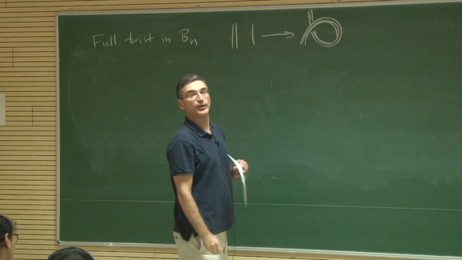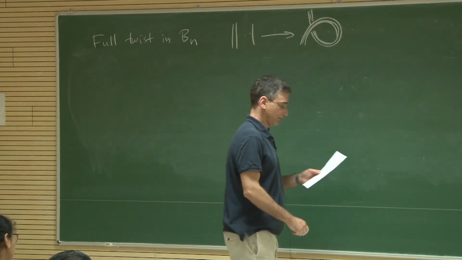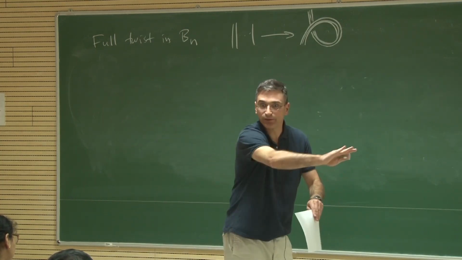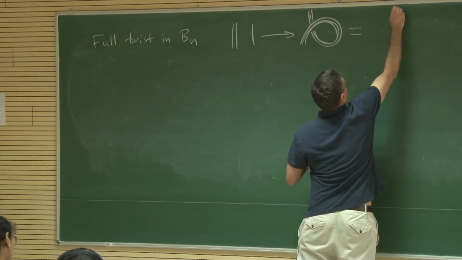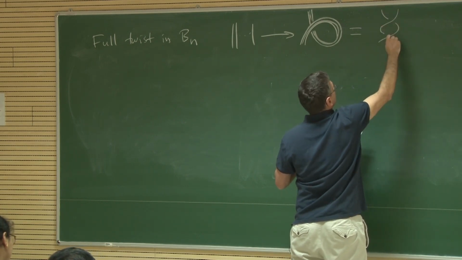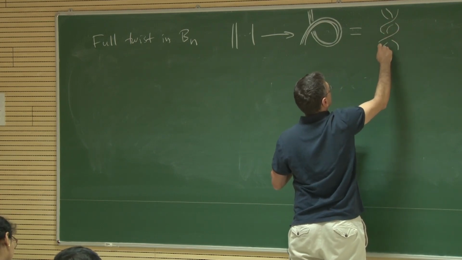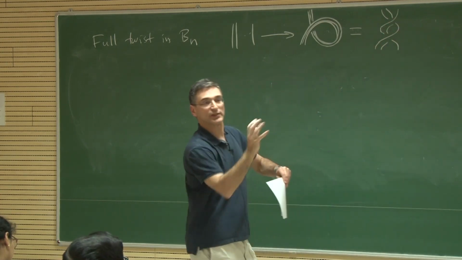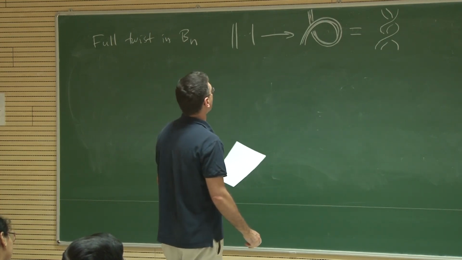Of course, this is not a braid, right? But you do the belt trick. You pull it tight, right? If you do this to a belt, lay your belt flat out and then pull it tight. What happens is that you get this. Right, you get this twist. Okay, so that's the full twist on the braid group.